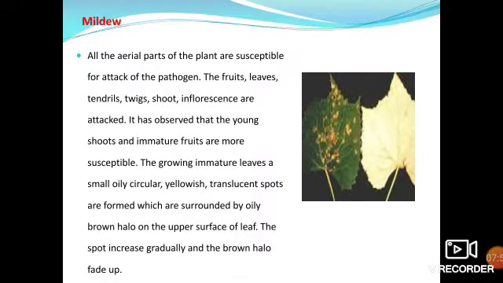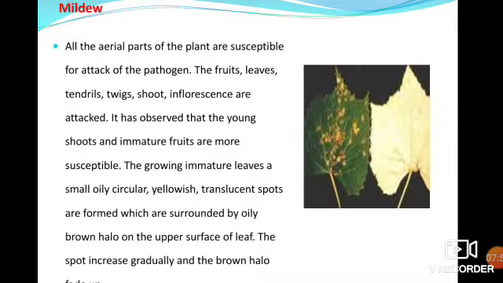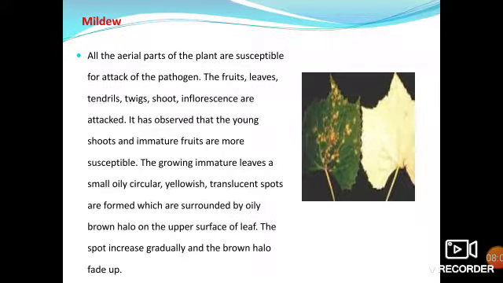So, these are the symptoms of mildew, and the best example is downy mildew of grapes. It is a very dangerous disease caused by Plasmopara viticola, and due to this the yield of the crop is lost.